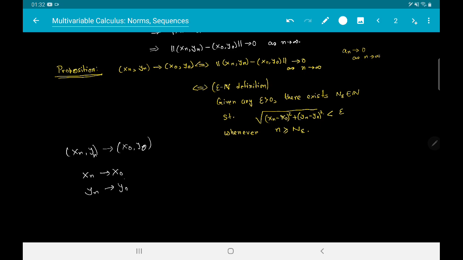This leads us to sequences of real numbers, which you have done thoroughly in your calculus 1 course, so we are not going to talk much about convergence of sequences here. We will proceed to functions of several variables.